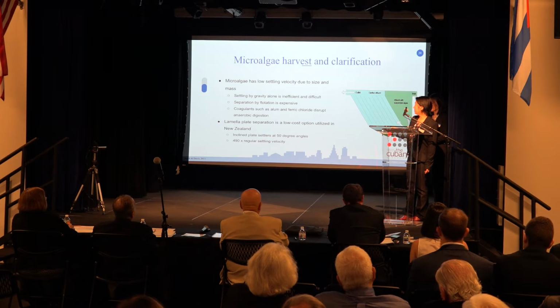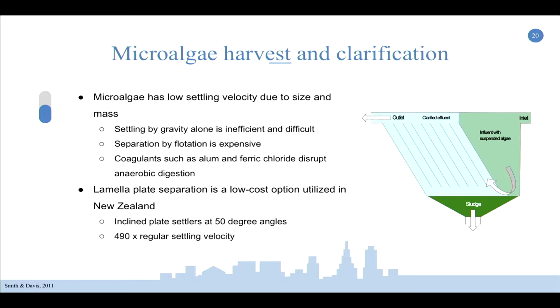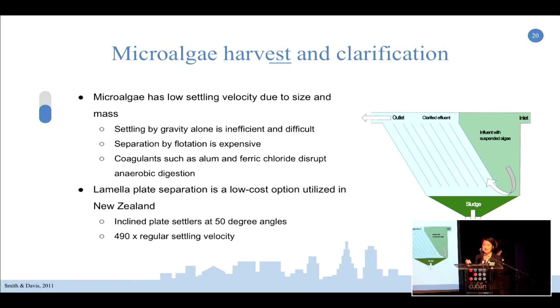And then the clarified effluent would be flowed out through this outlet here. And this method would increase the settling velocity by a factor of 490 times.